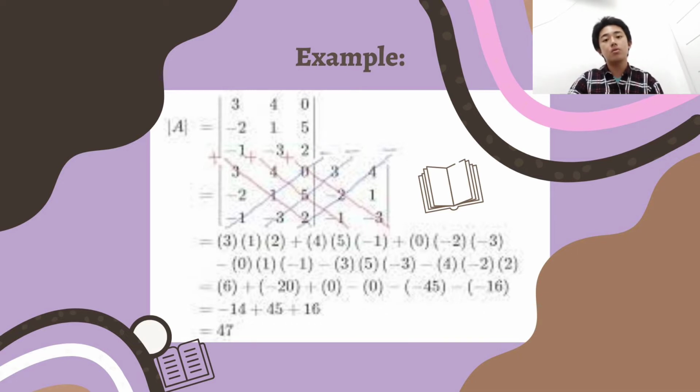We take the other two columns, the first and the second column, copy and paste them beside the third column. So it becomes 3, 4, 0, 3, 4, negative 2, 1, 5, negative 2, 1, negative 1, negative 3, 2, negative 1, negative 3. And now we're going to do the cross multiplication.